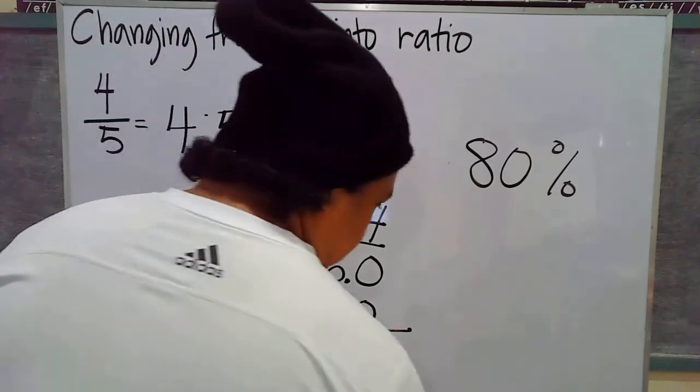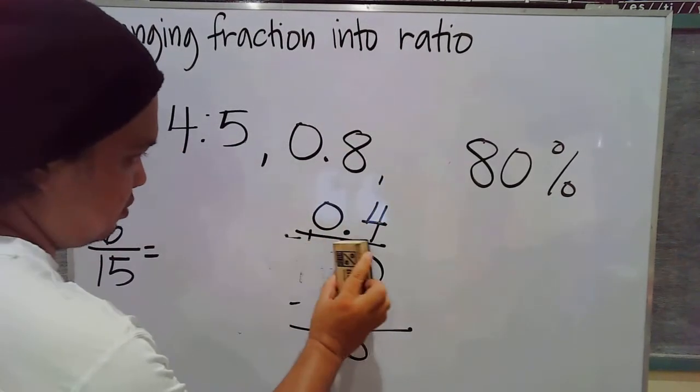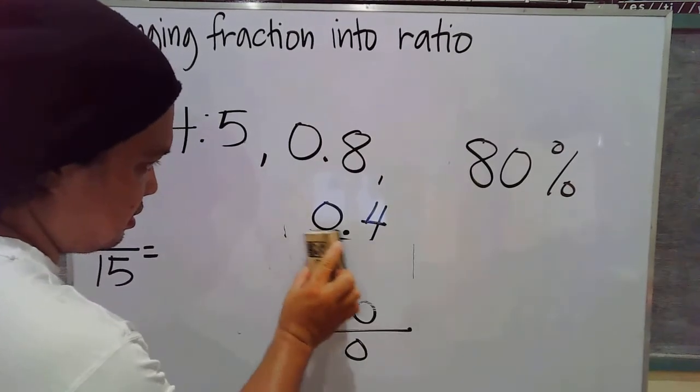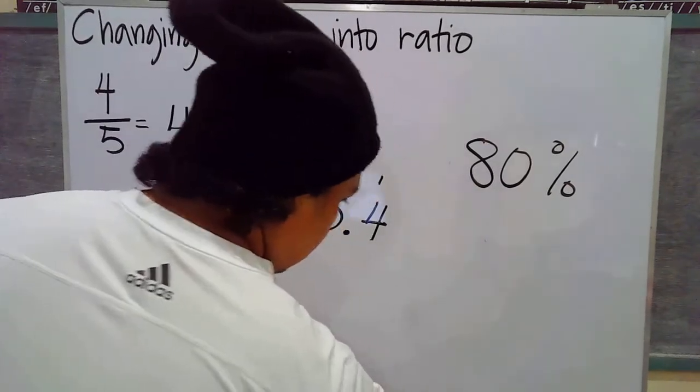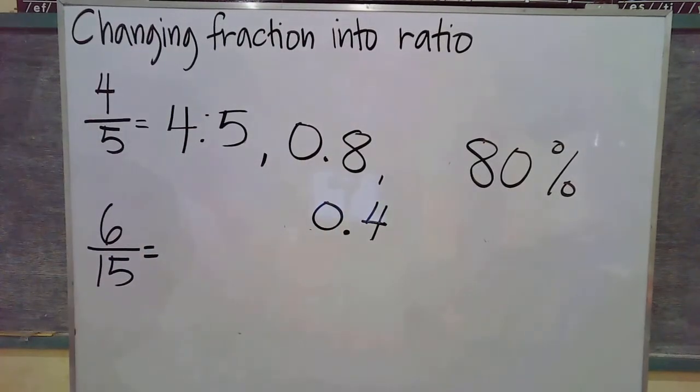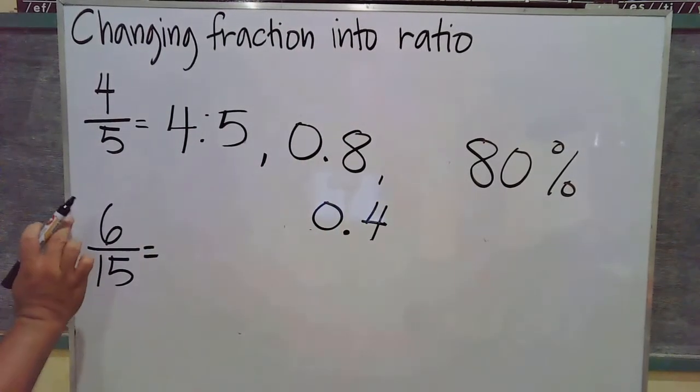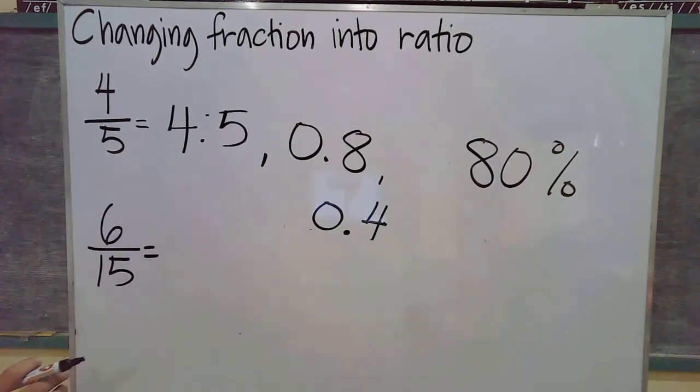Now let's do the ratio form. So let's change here 6/15 into a ratio. Now how?